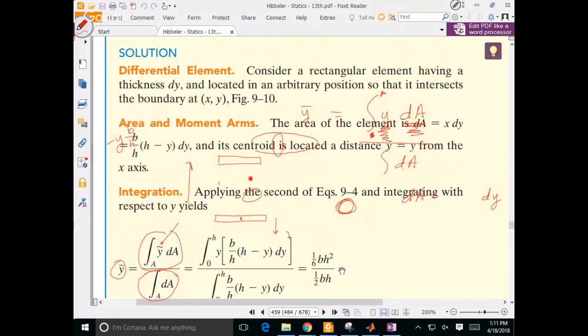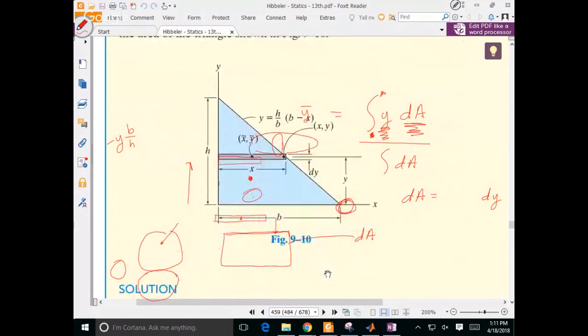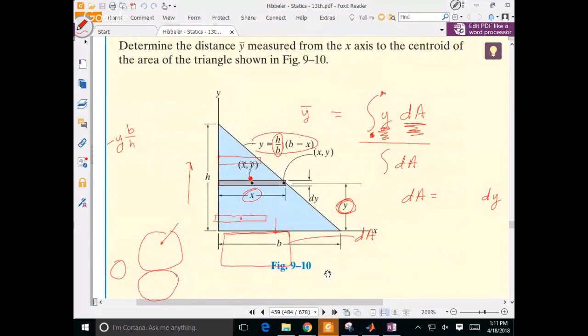So this equation right here came as a result of D area. I haven't completed it out, so here, I'll just complete it out. If y were equal to h over b times b minus x, I'm looking for the x out of it.